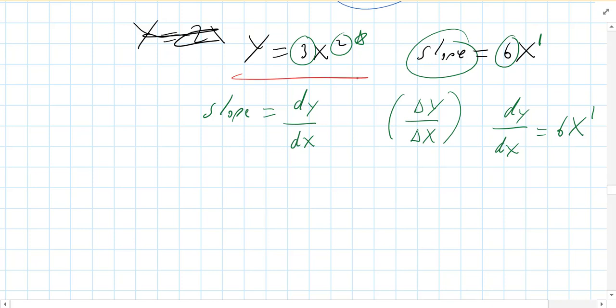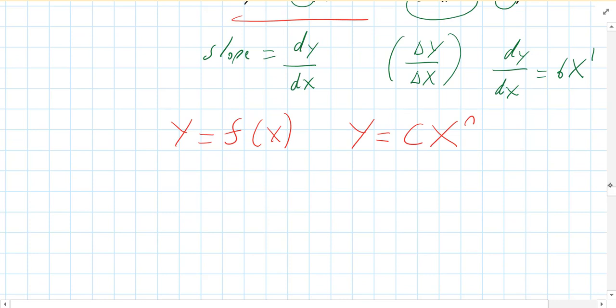If you can write your equation as a polynomial, so if y is a function of x such that y equals some constant times x to some power, that's a polynomial, okay?